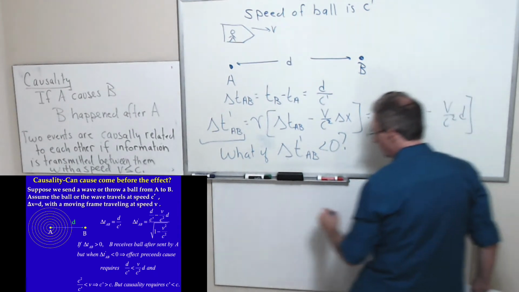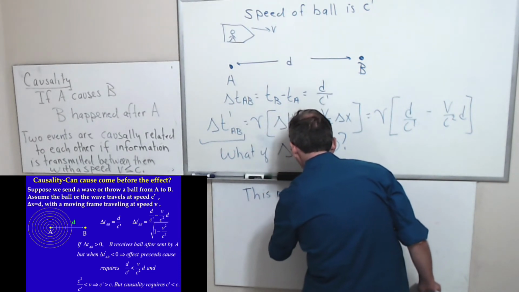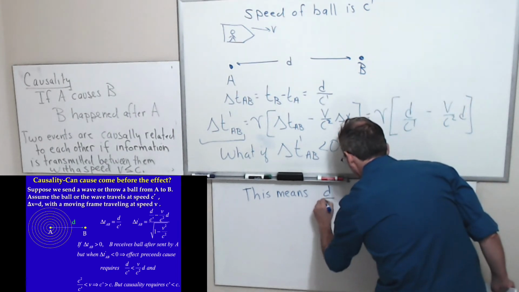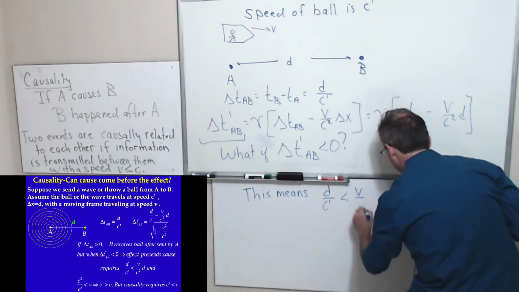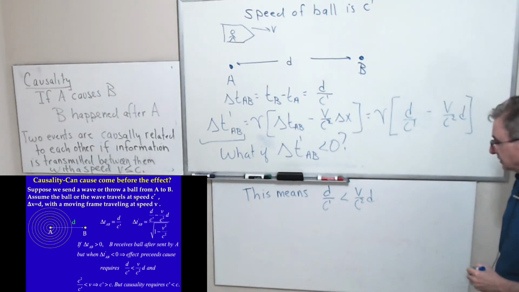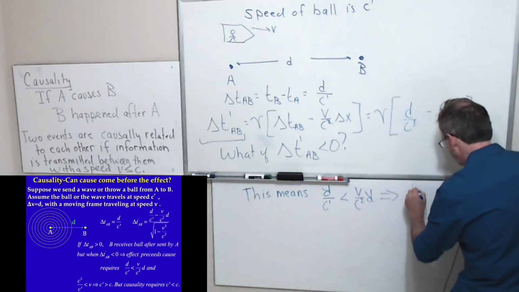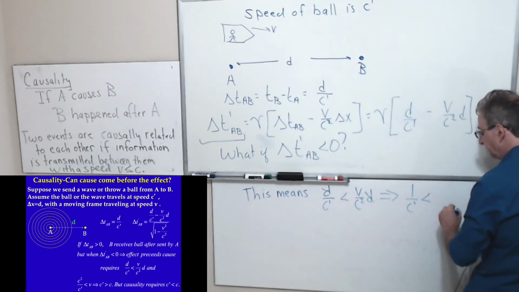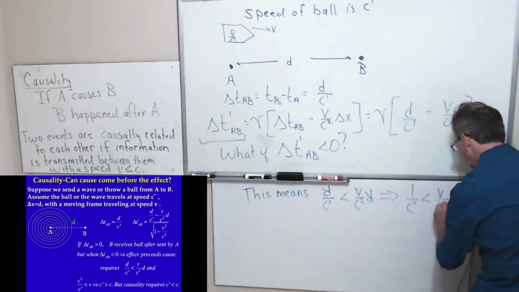So this means that d over c prime has to be less than v over c squared d. And I can cancel out the d's, and then I can say that this gives us 1 over c prime is less than v over c squared.